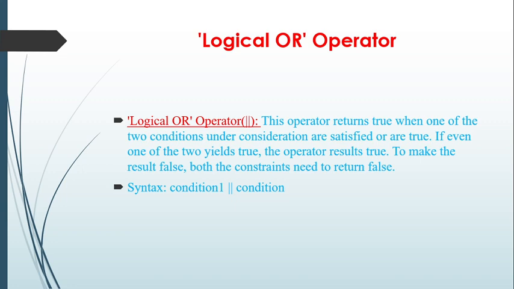It is totally opposite to the logical AND operator. In this situation, only when both sides are false will it return false. Otherwise, everything gives a true result. If I use true false, it gives true. If I use false true, it also gives true. And if I use true true, then it also gives true.